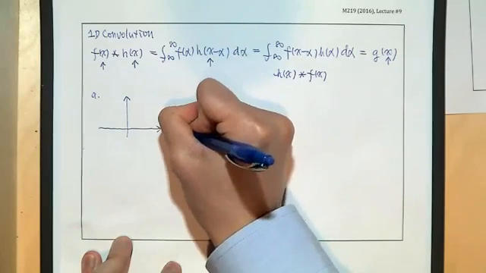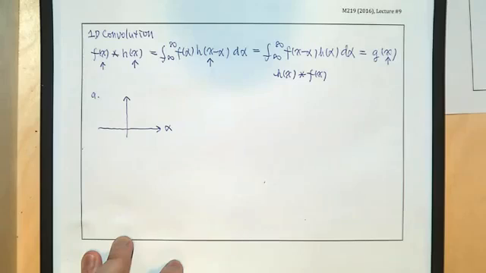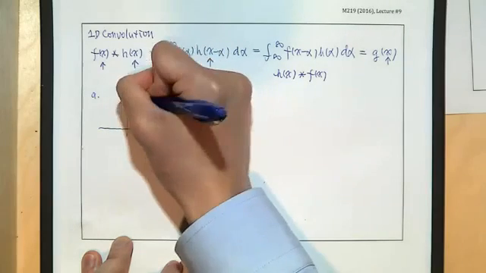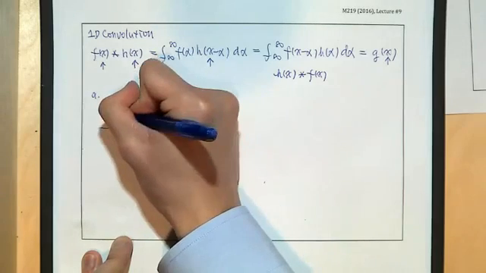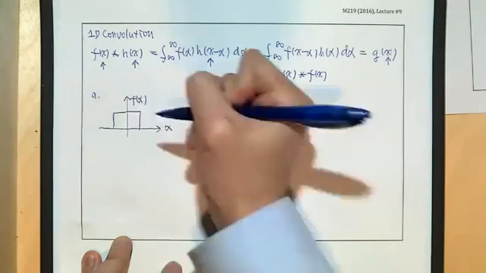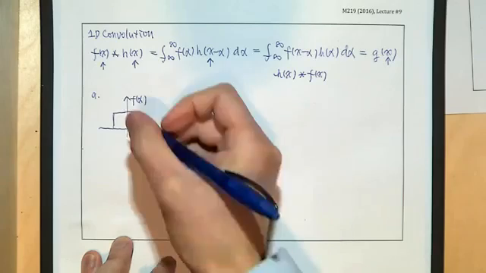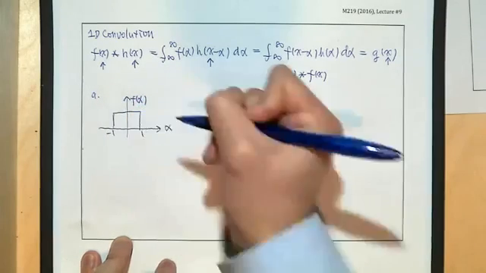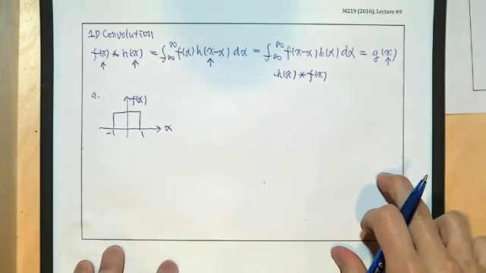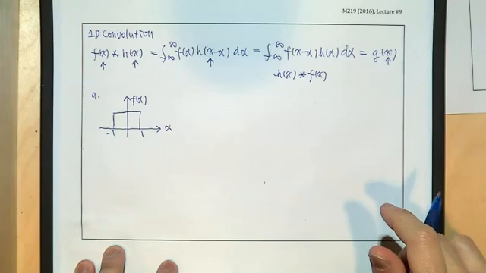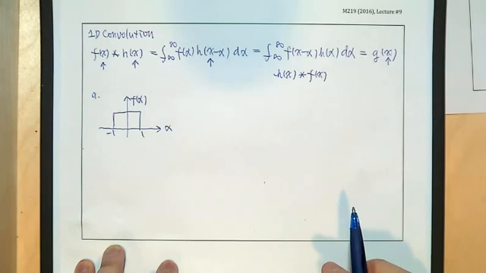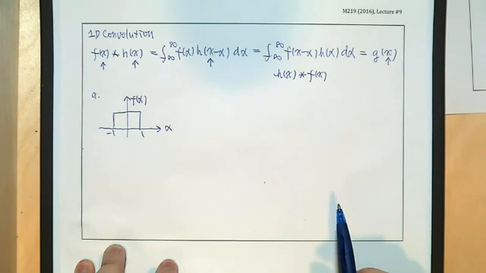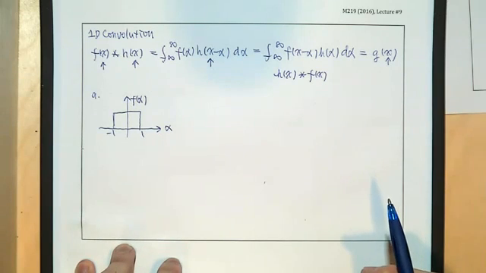And here we actually deal with the dummy variable alpha. So let me just write it like f of alpha. And we have a rectangle. It can be of any width, but here just assume that it's going from -1 to 1. On the other hand, we have h of x minus alpha to plot. We don't know what x is yet because it's a variable. We do know that the minus alpha entails flipping a function.